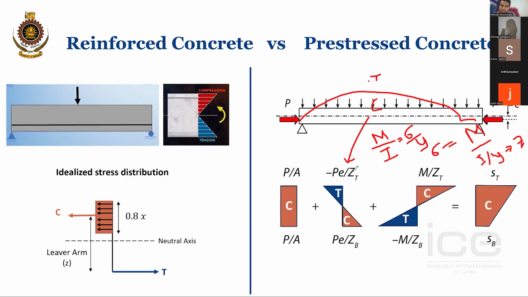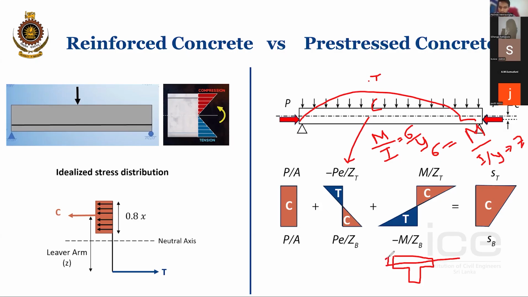Here we have two terms, Z_T and Z_B, and I will explain the reason later as well. If the centroidal axis is not right at the center, take an example like a T section, where the centroidal axis is somewhere here.